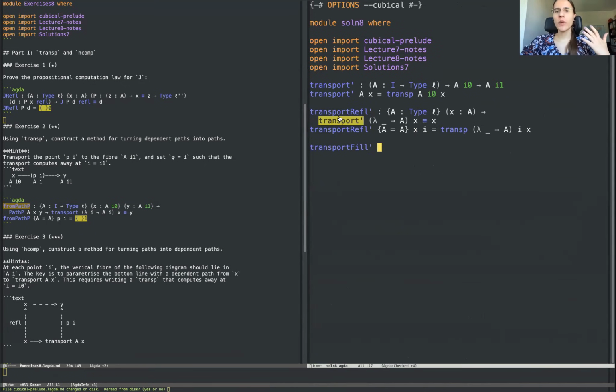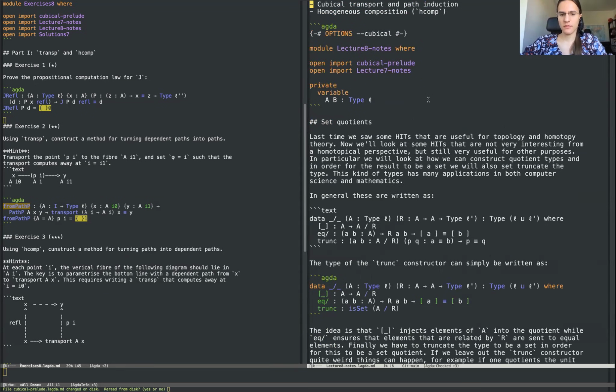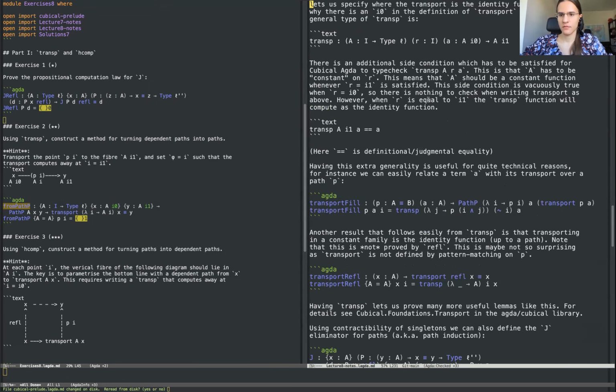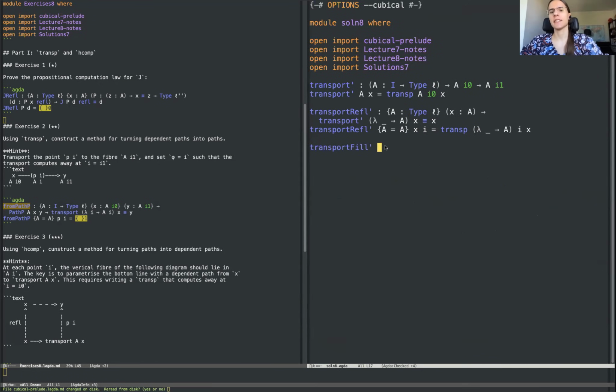So we have that. Aha, yes. So what happens if x, we can think of basically as living in the fiber over A of i0.